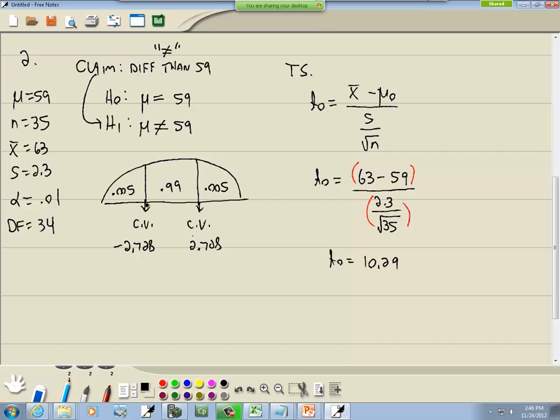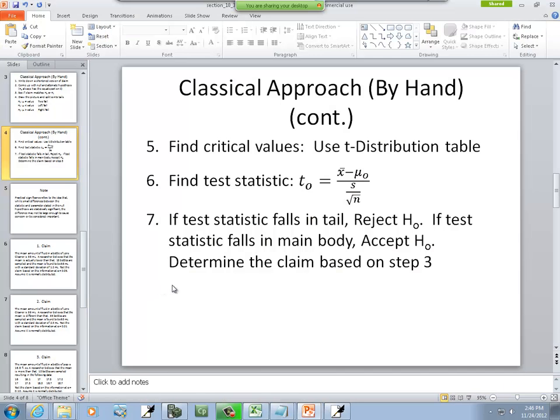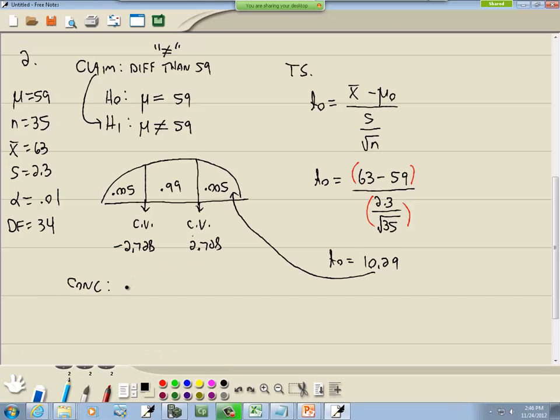Okay, this is the number line. Here's negative 2.728. Here's positive 2.728. 10.29 would fall over here. So it falls in the tail. So our conclusion, if the test statistic falls in a tail, reject H0. So we'll reject H0, which means we'll accept H1, as they are opposites of each other.